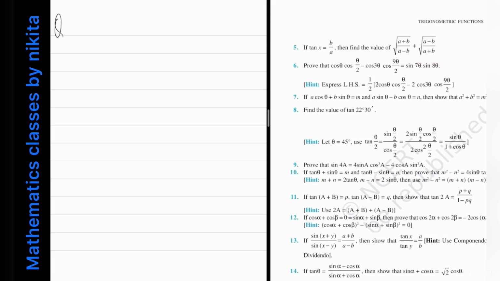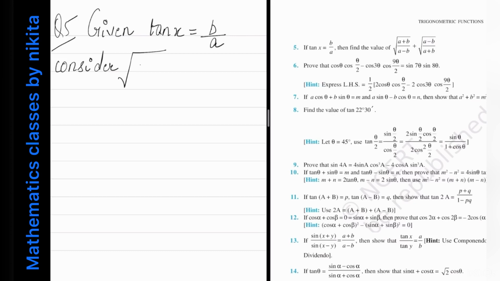So question number 5, what is given to us? It is given that tan x is equal to b by a, and you have to find the value of that expression. So therefore I will consider under the root (a plus b) divided by (a minus b) plus under the root (a minus b) divided by (a plus b).